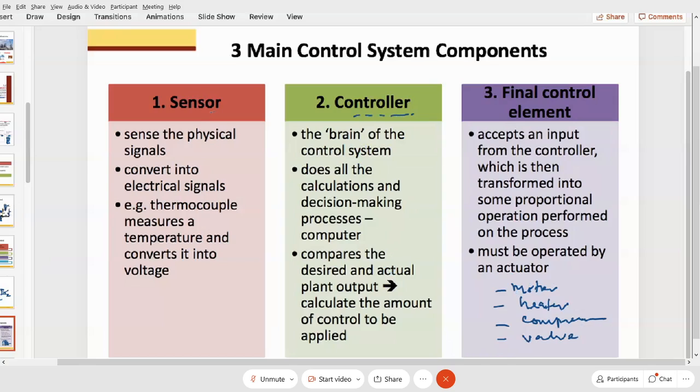So we need a sensor to measure our current status, maybe the level, maybe the temperature. Otherwise, we cannot convert the physical signal into electrical. So we need a sensor or transducer. Okay, so there are 3 components that we need.